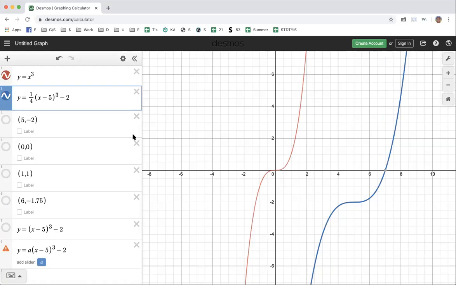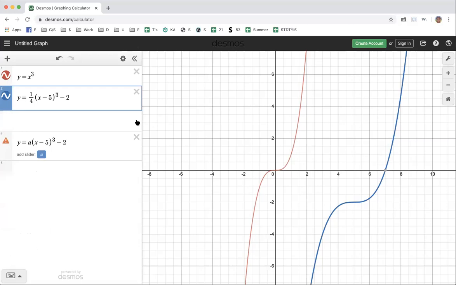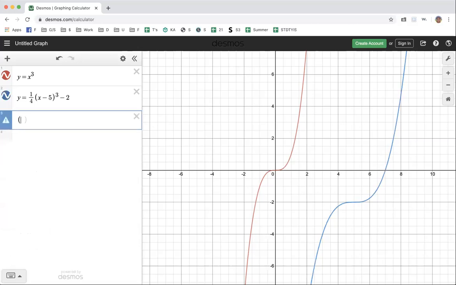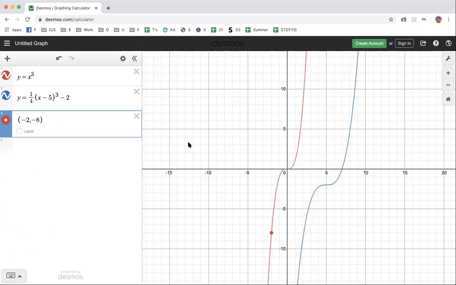And the question says, let me get rid of some of these points here. The question says, the original graph had a point, it's a good one here, -2, -8, hopefully. Yes.